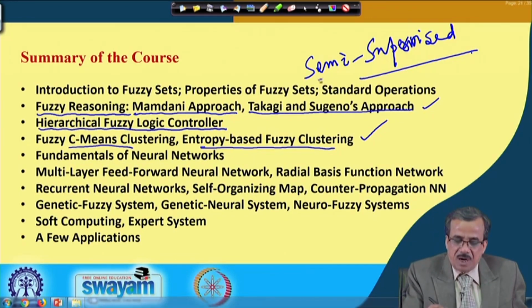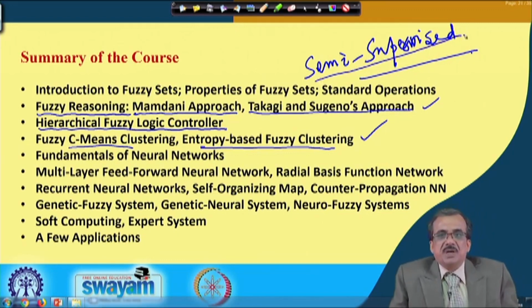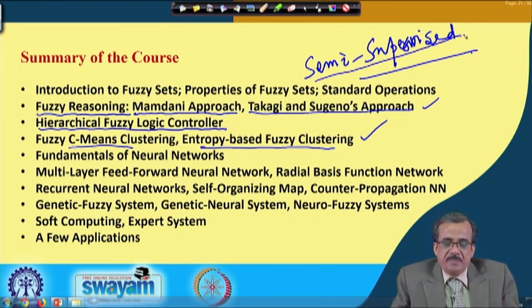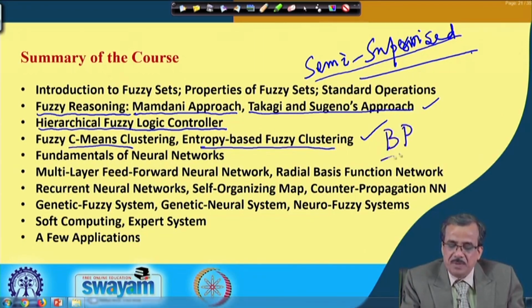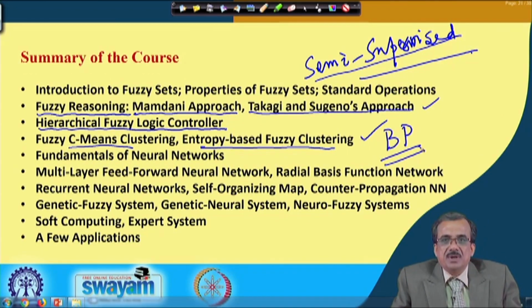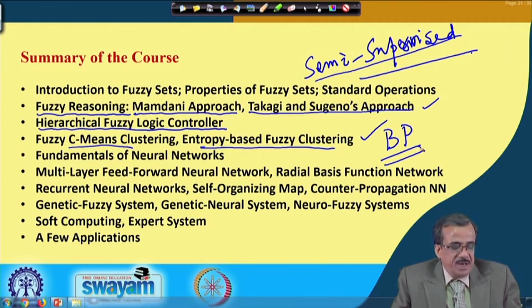Now, to implement supervised learning, we have discussed the very famous, very popular back propagation algorithm, which works based on the steepest descent algorithm, which is nothing but a gradient based method. Here in the back propagation algorithm, there is one problem: the solution may get stuck at local minima.